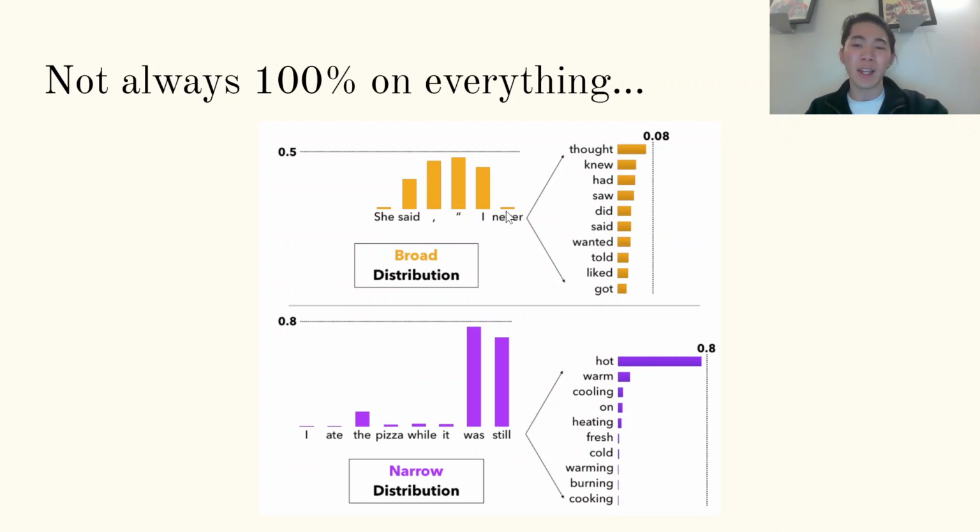So it could be 'I never thought,' 'I never knew,' 'I never had,' and so on. And it will have different probabilities associated with the next word. Again, very similar things with this sentence as well. And this is how all of these large language models work. They just predict the probability distribution for what they think the next token should be.